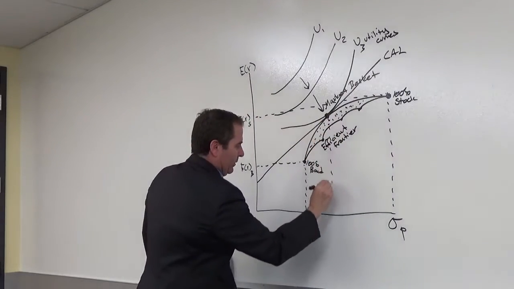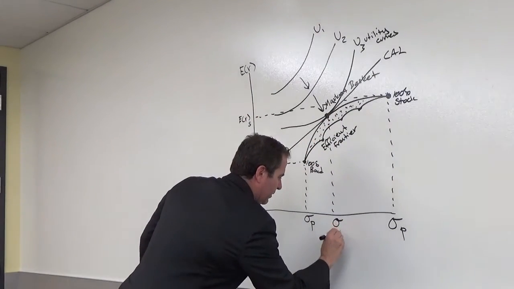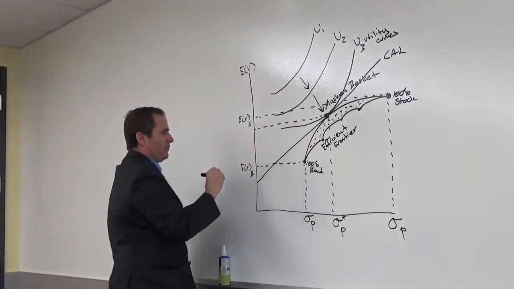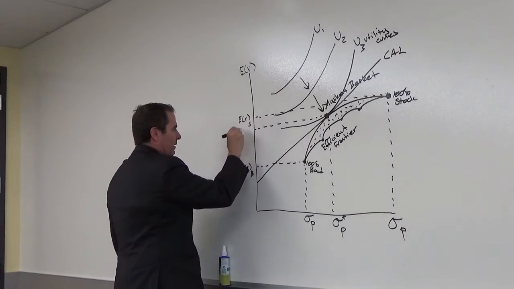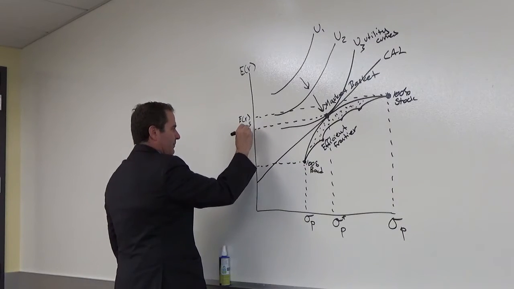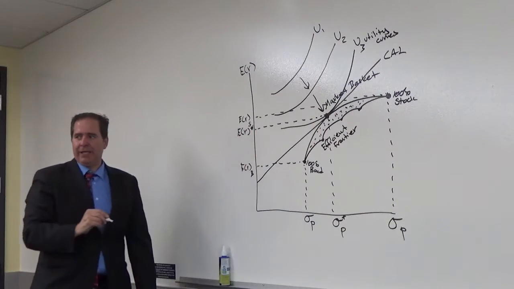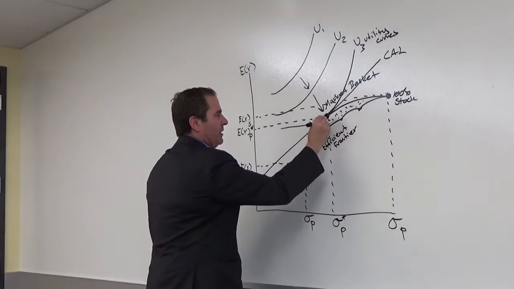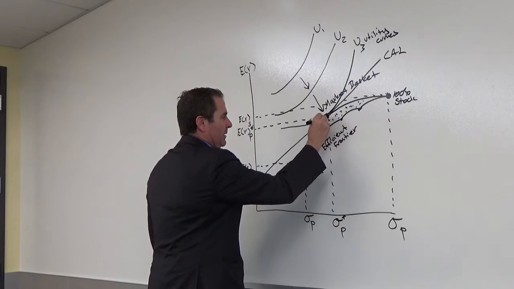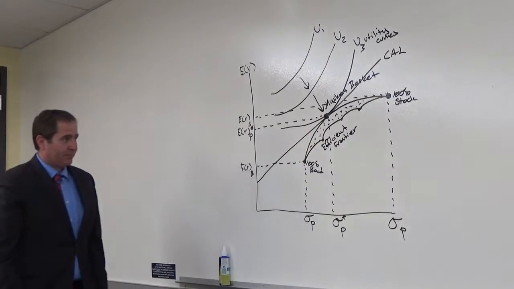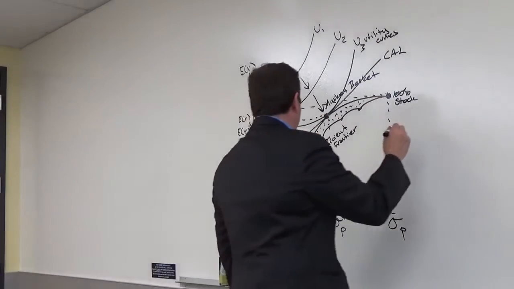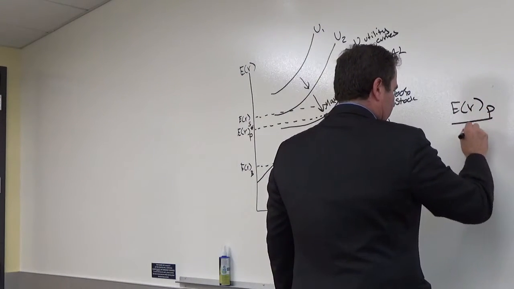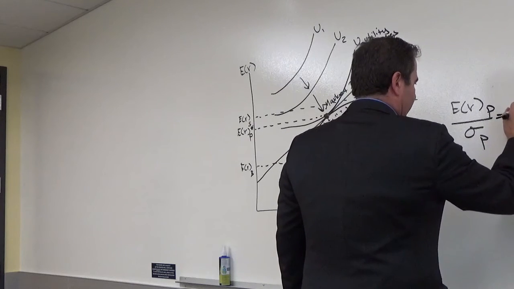And at that point, your portfolio standard deviation is at its lowest, and your expected return is at its highest. So at this tangency point, and I'll give you an example of a model portfolio, the risk-adjusted rates of return are maximized.